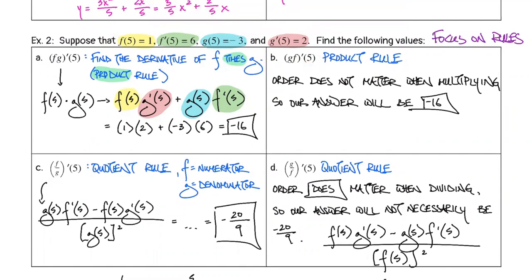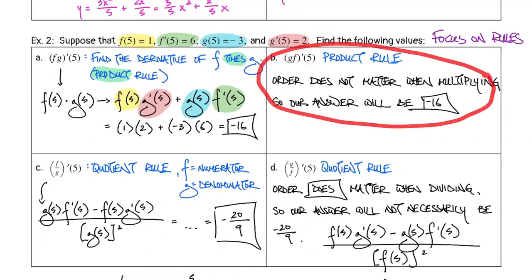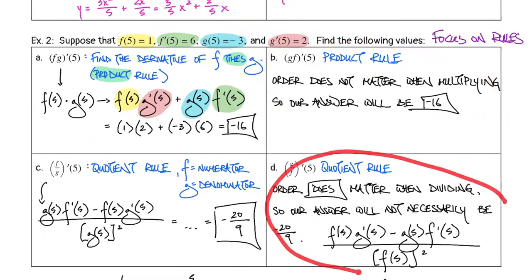And finally, when we're looking at product rule, the order does not matter. However, when we look at quotient rule, we need to be very thoughtful about that order and making sure we plug things in the right place.